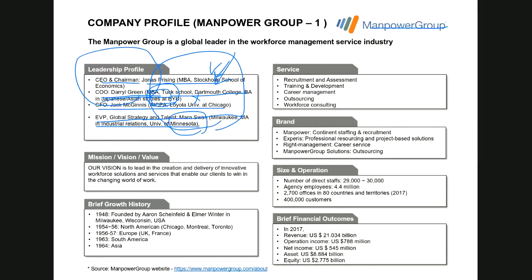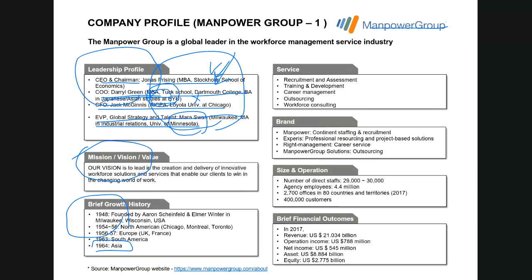Absolutely, the second most important thing is their mission, vision, values, and goals. What are their goals? And then there is the history. In order to predict the future, we'd better understand their history. Interestingly, do you know that Manpower Group came to Asia in 1964, very early?